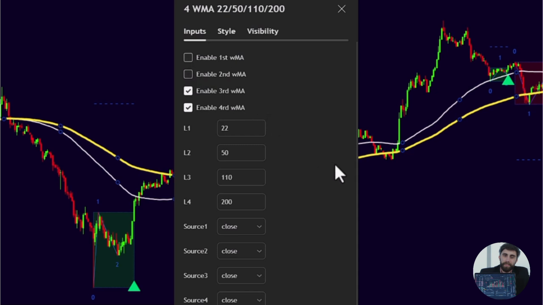Set impulse snap L3 to 90, and finally adjust the remaining WMA lines however you like.